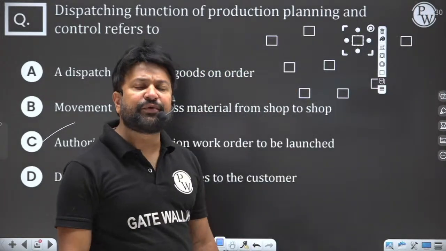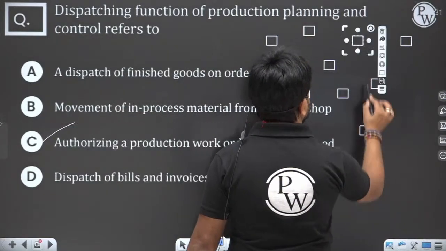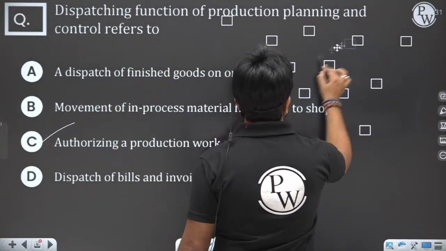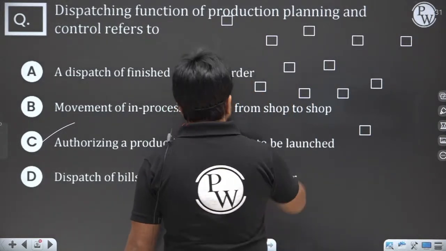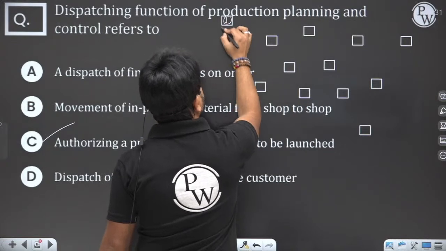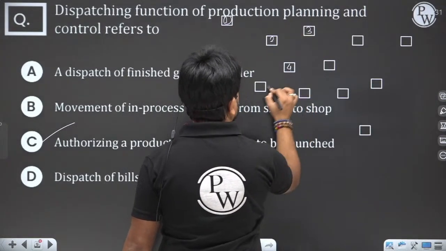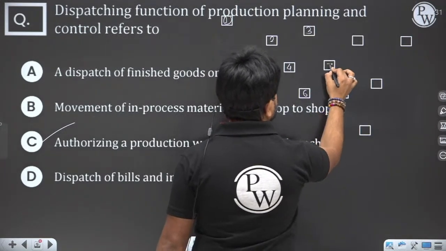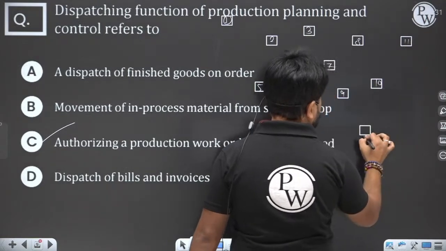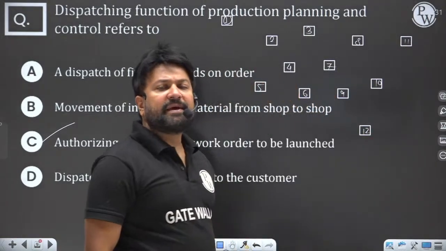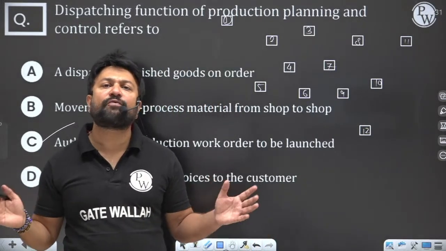In a manufacturing unit, there are various shop floors. Yes or no? Suppose this is shop floor number 1, this is 2, 3, 4, 5, 6, 7, 8, 9, 10, 11 and 12. In a factory, there are many shop floors.